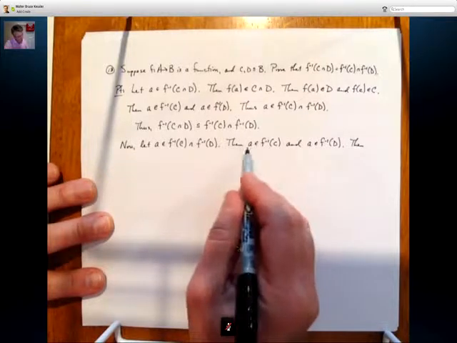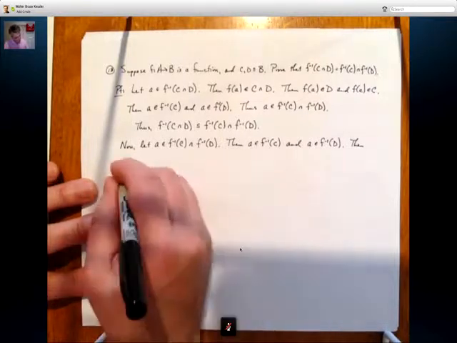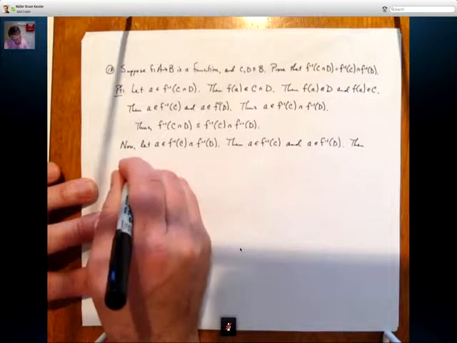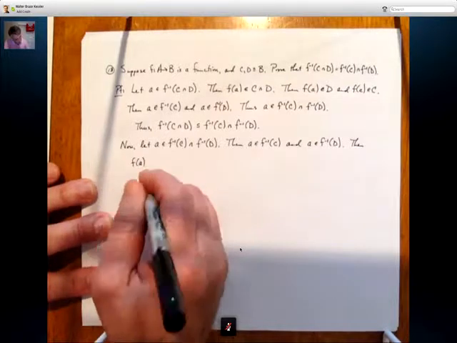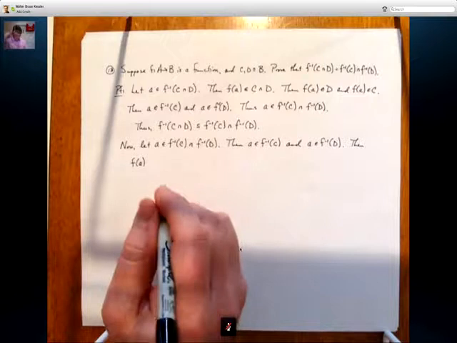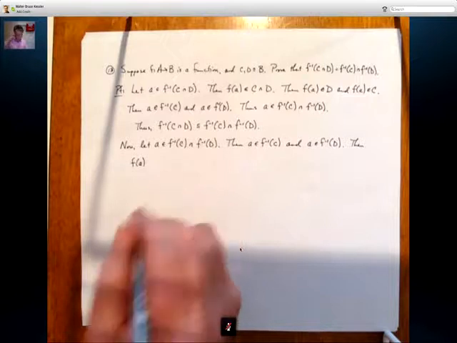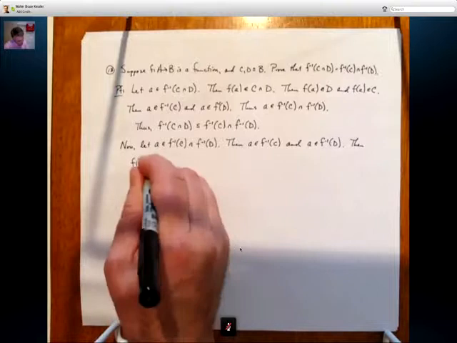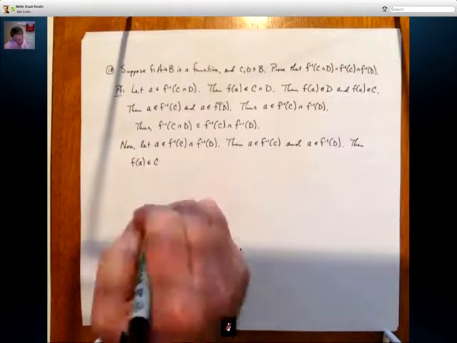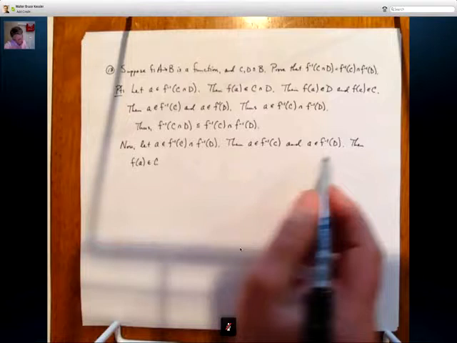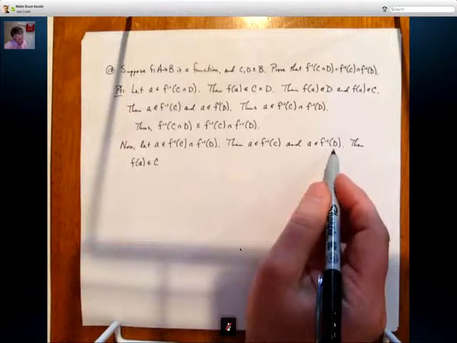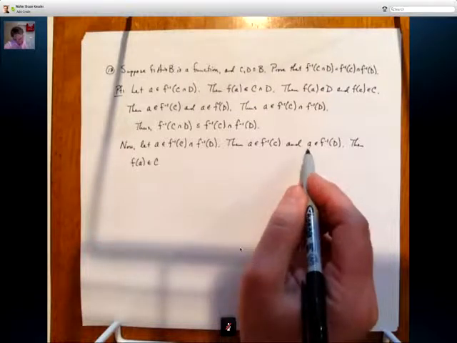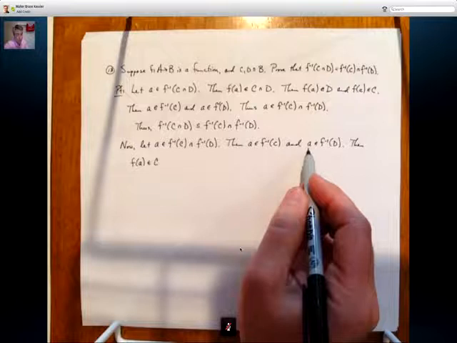Well, then that tells us there's something in C that A maps to. I'm just going to call it f(a). It's going to be in C. That's what this means. And there's something in D that A gets mapped to.